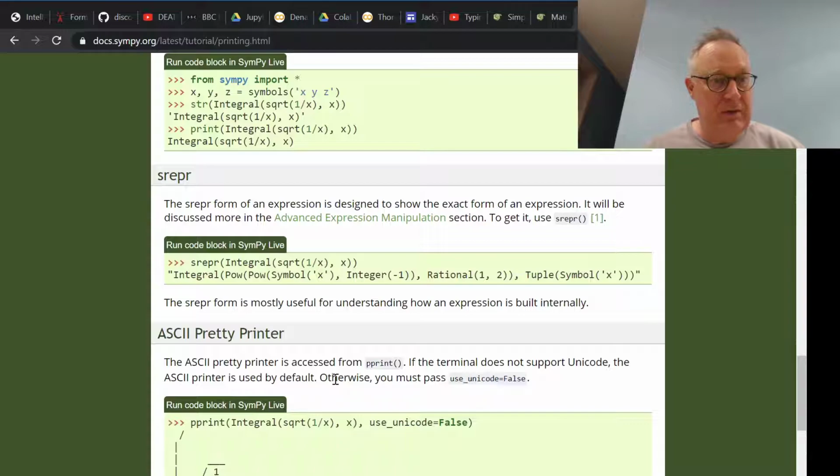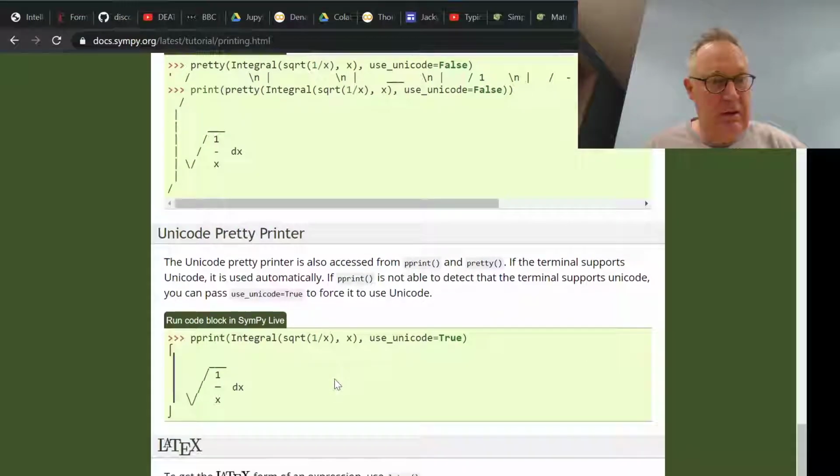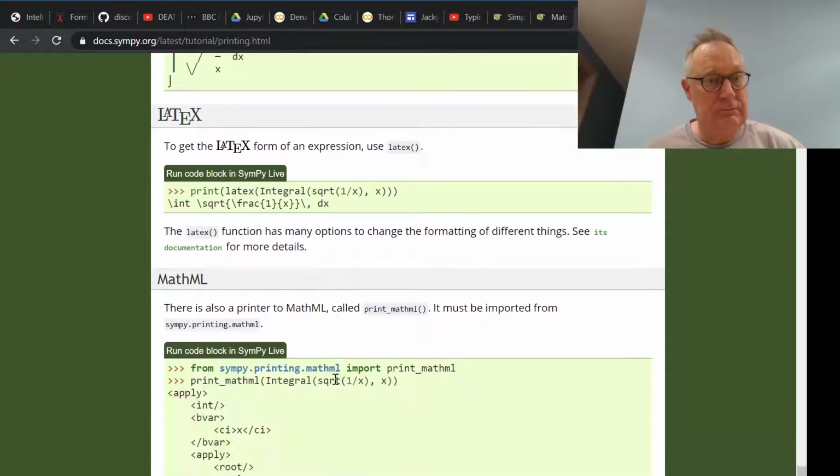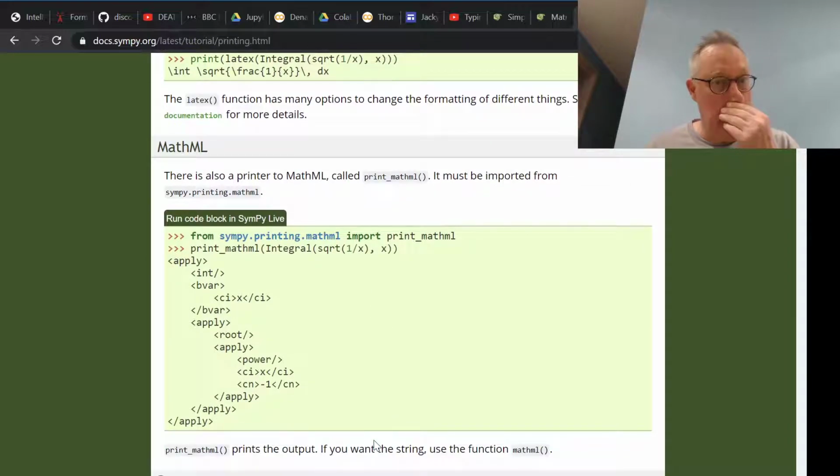Let me see if there's a HTML, Unicode, pretty printer, LaTeX, MathML. Okay, let me try this one.